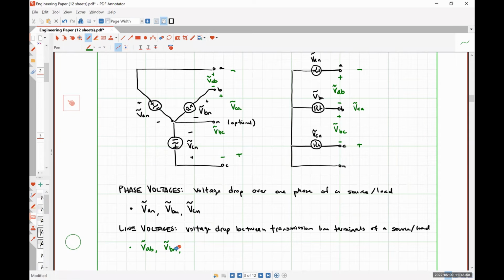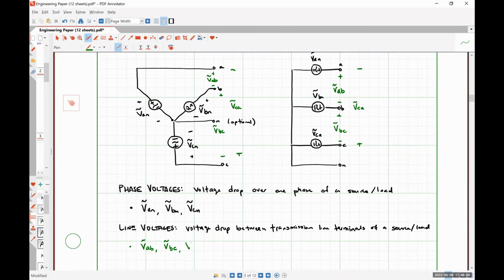Sorry, it should be BC and CA. Thus far, we've talked about our three phase voltages for our Y-connected source and our three line voltages for our Y-connected source.